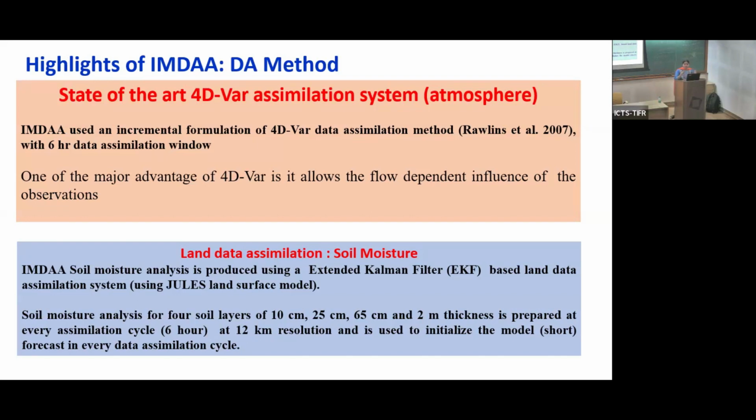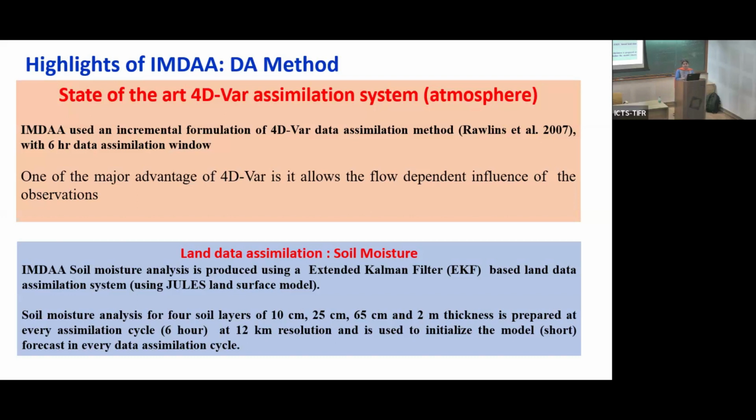If you are running 3D-Var and considering plus or minus 3 hours, but your background is only at 0, say you are running for 0 UTC, you are considering the background only at 0, and all the observations, whether at 1 UTC, 2 UTC or 0 UTC, you are assuming they are at 0 UTC.